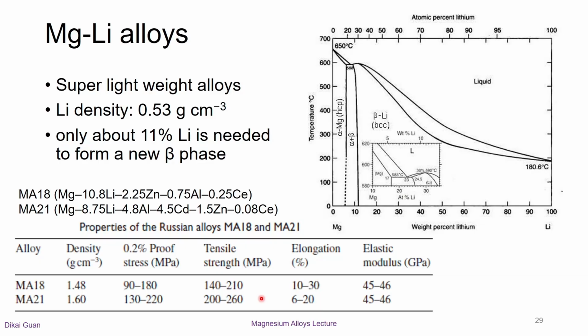Generally speaking, both alloys have lower strength but higher elongation. When the HCP phase exists in MA21, the strength is increased while the ductility correspondingly decreases compared to the pure BCC phase in MA18.